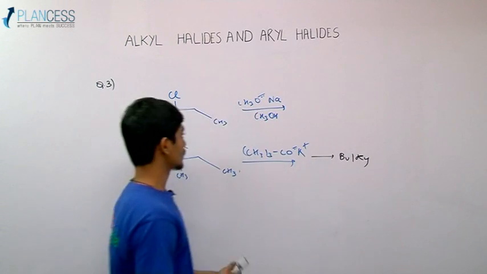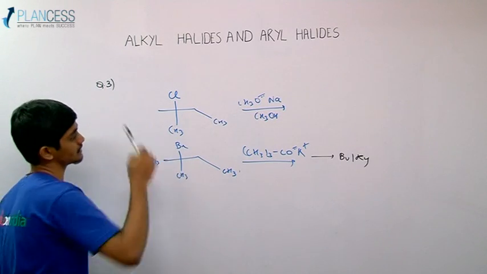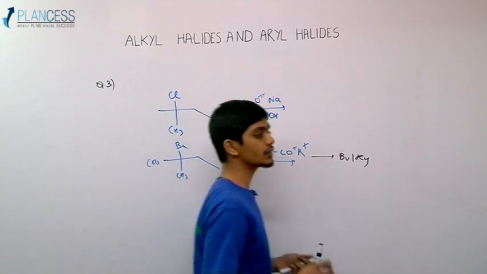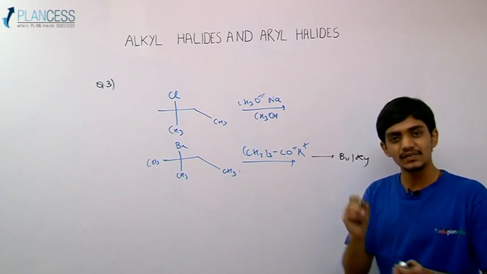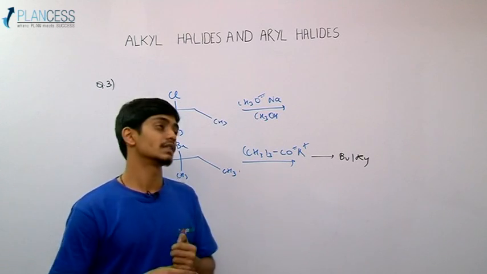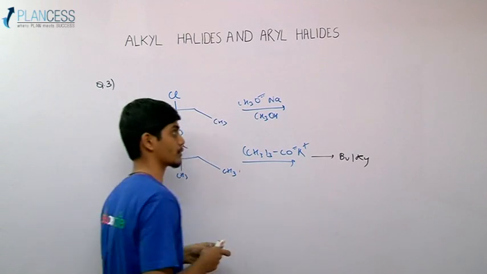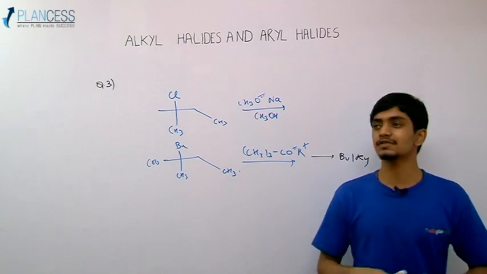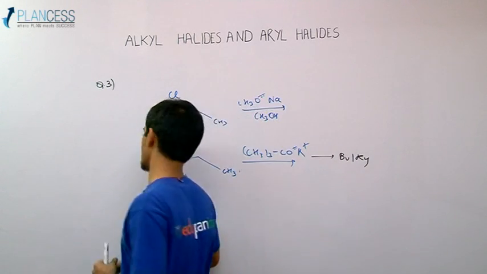Fine. So this is definitely the elimination product, but here mostly you will be thinking elimination product only, but the heat factor is missing. They have not provided us heat. Because this is a very confusing case, you have equal probability of elimination as well as substitution. Substitution, why? Because the base is not bulky.